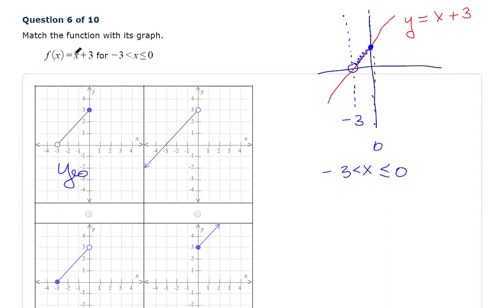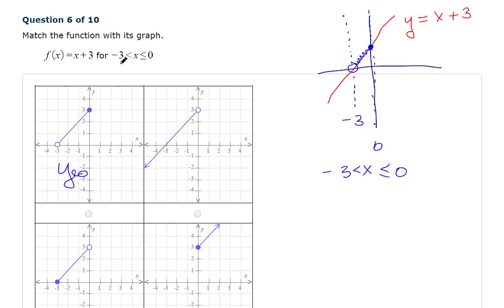Let's see, f of x is x plus 3. All right, x plus 3 is a line going up. Slope is 1, crossing at 3. Okay, now where do I chop this big line in red? Well, between minus 3 and 0. So you see here's minus 3. Here's 0.